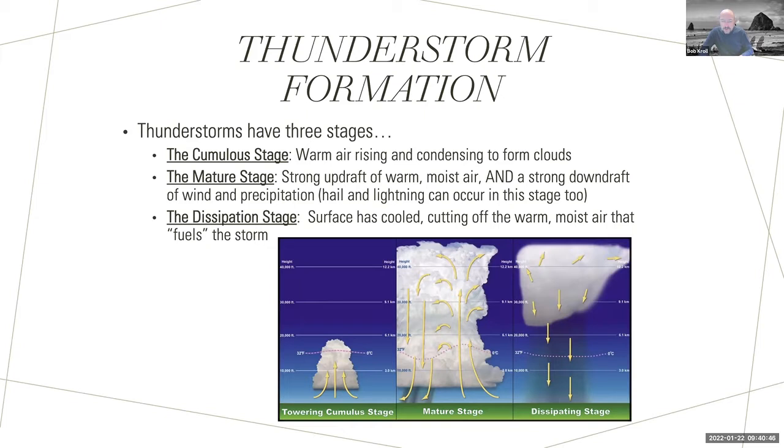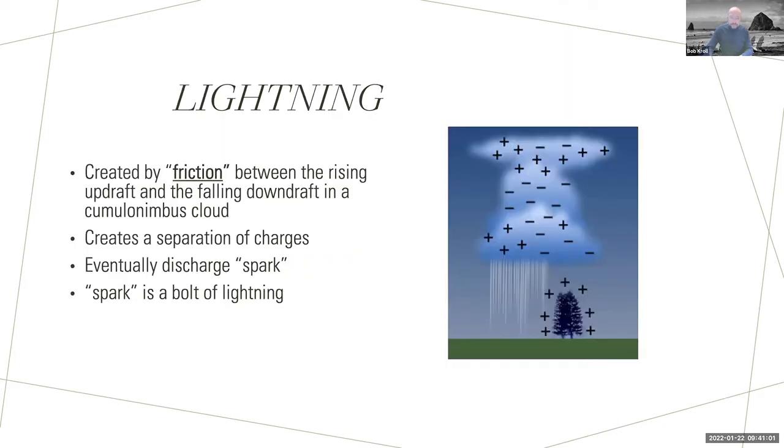It collides with other raindrops, as I mentioned, and creates larger amounts of precipitation. But as the surface temperatures cool and equalize, the storm gradually dissipates.